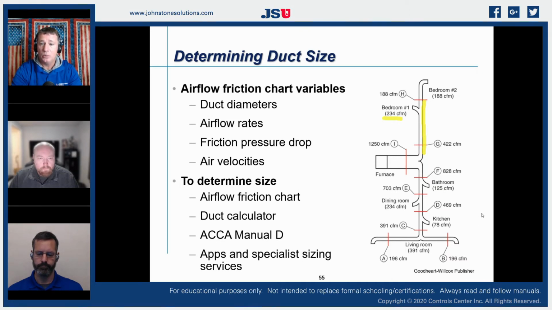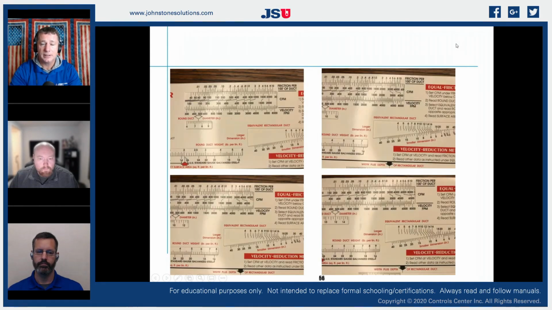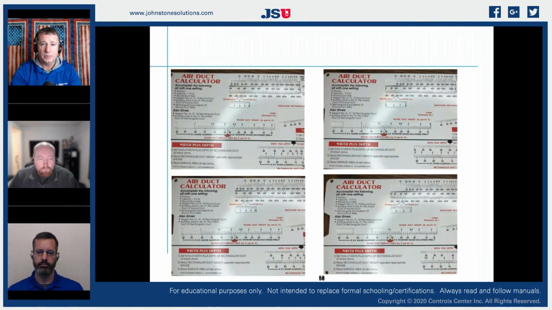All right, so let's find out how large of ductwork I need for 234 CFM at a round duct. If I look at 234 at approximately 0.1, looky there, that is just under an 8.